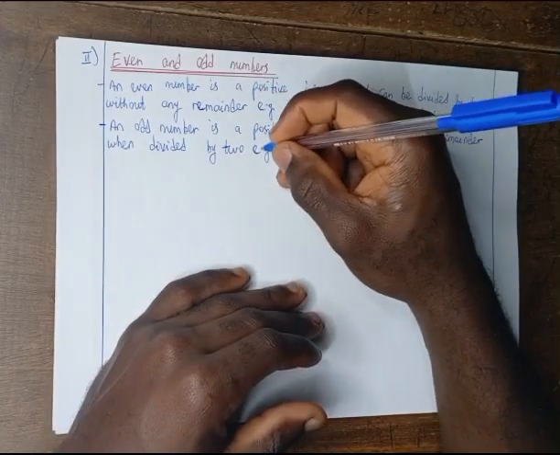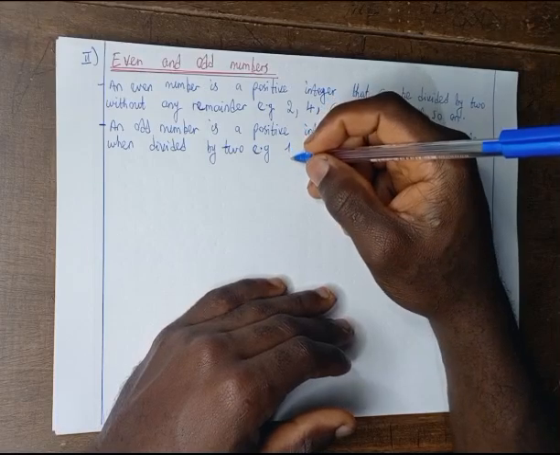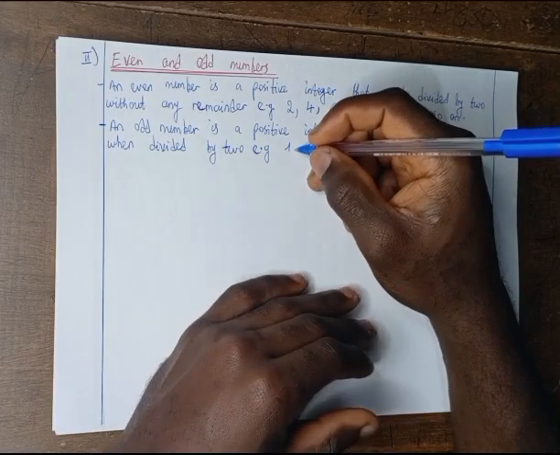E.g., if we divide the number 1 by 2, it gives us a half, 0.5. So 1 is an odd number.